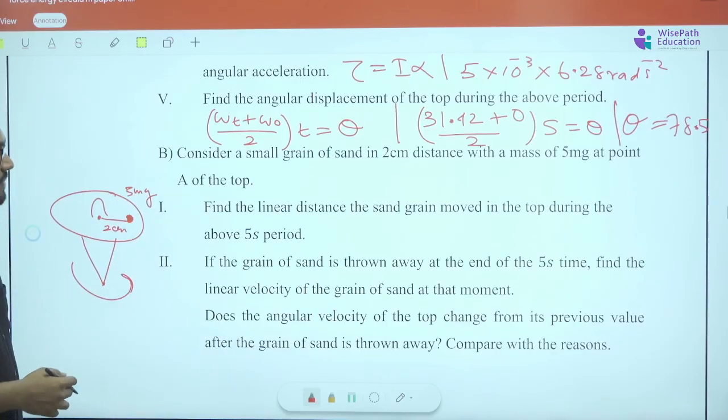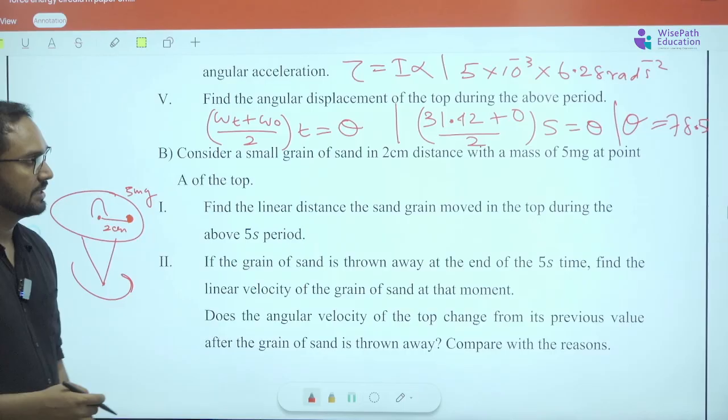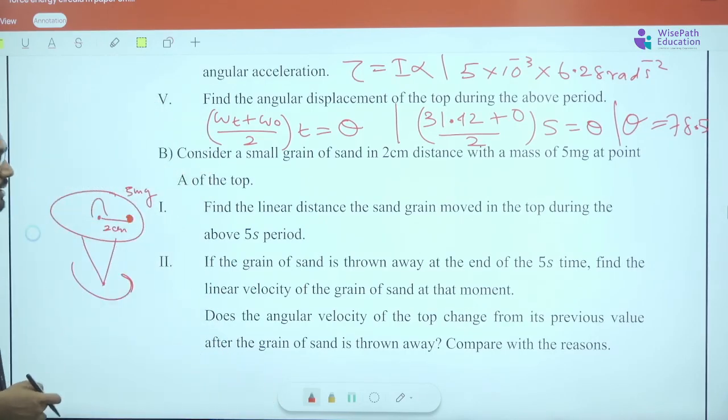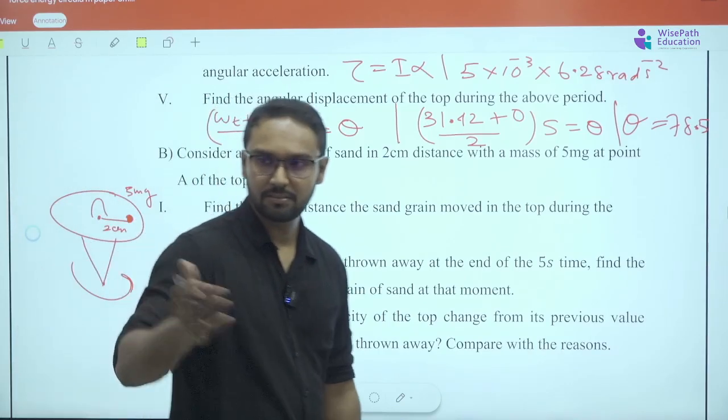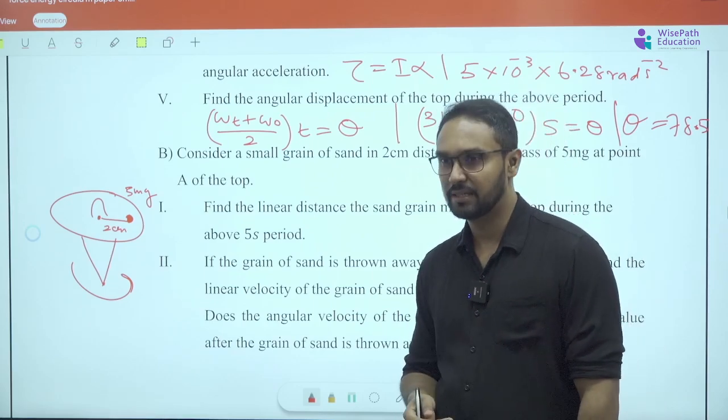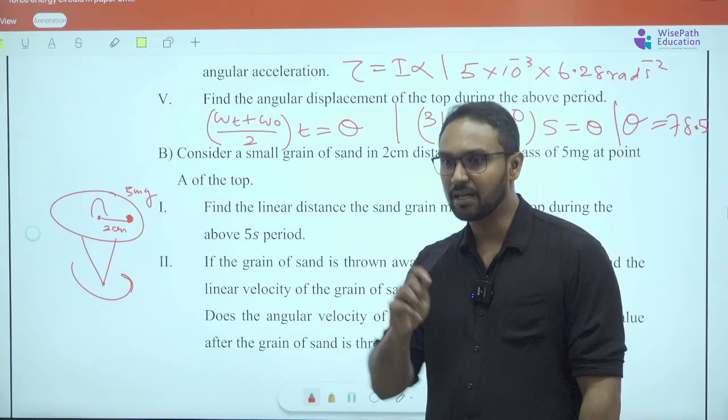So first question, find the linear distance the sand grain moved in the top during the 5 seconds of period. The linear distance means the circumference it moved.